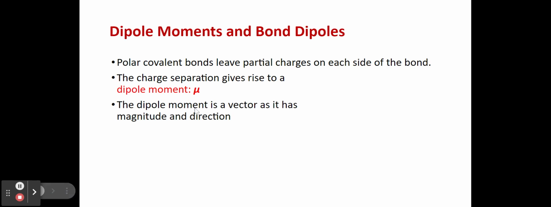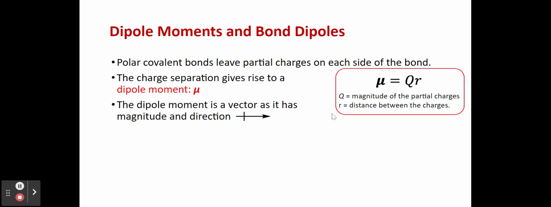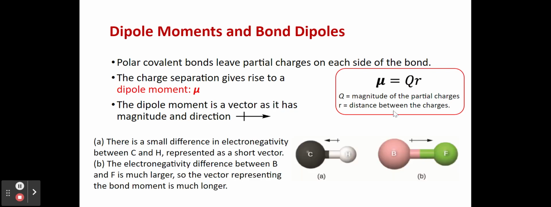And the dipole moment is a vector because it has a magnitude and it has a direction. And when we talk about the dipole moment, it's directly proportional to the magnitude of the charge and the distance between the charges.